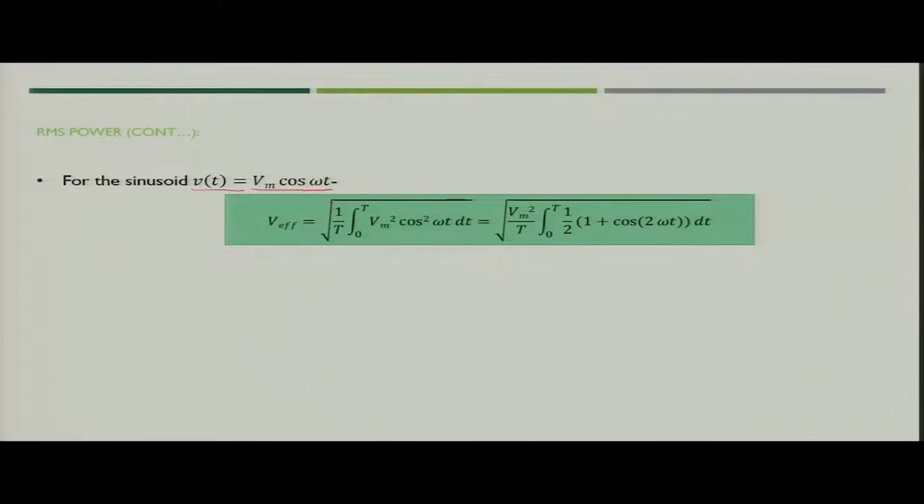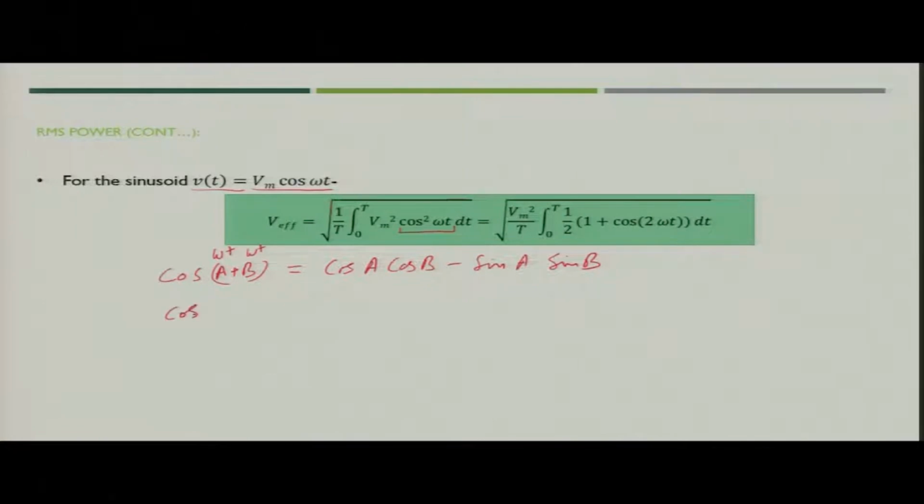Now, if you see this particular term, if you recollect, we discussed cos of A plus B is nothing but cos A cos B minus sin A sin B. Now, if you keep A and B both the same, suppose in this case A is omega t, B is also omega t.